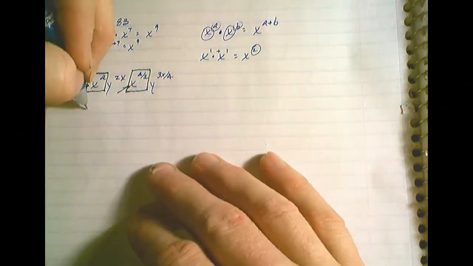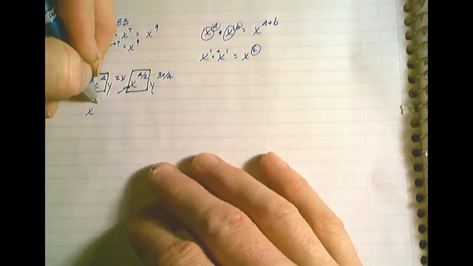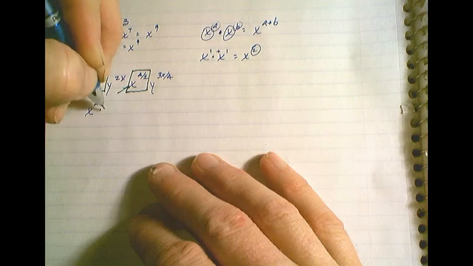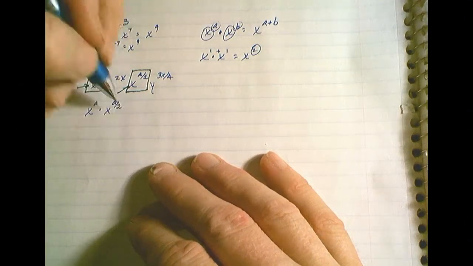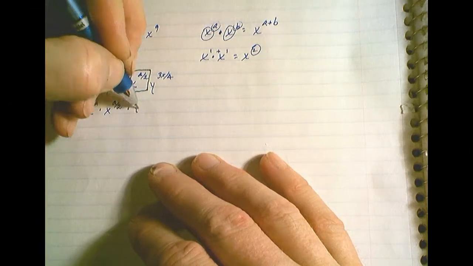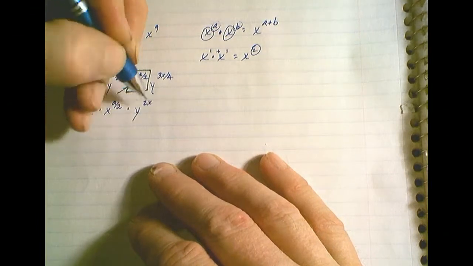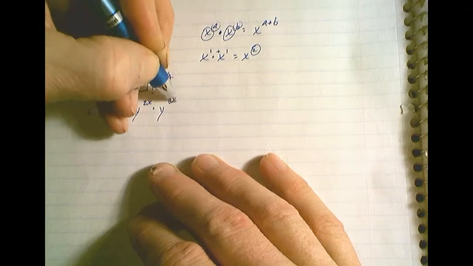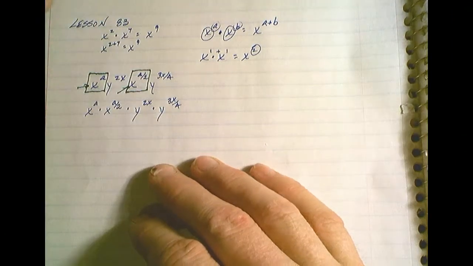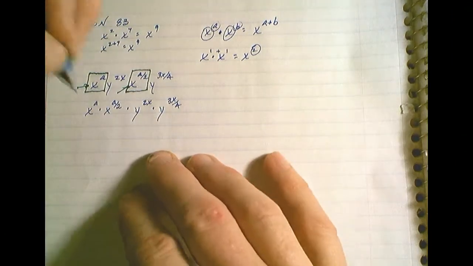So let's just rearrange things and write it as x to the a times x to the a over 2 times y to the 2x times y to the 3x over 4. Just to get them in the right place. Get them close to each other.